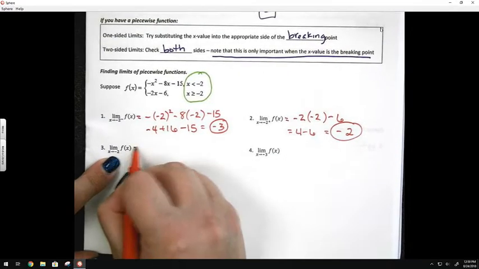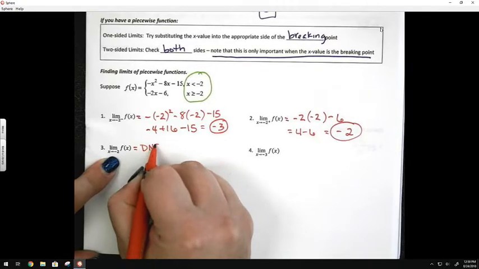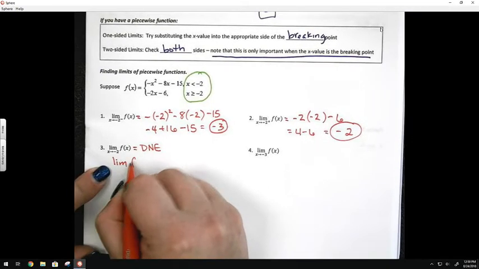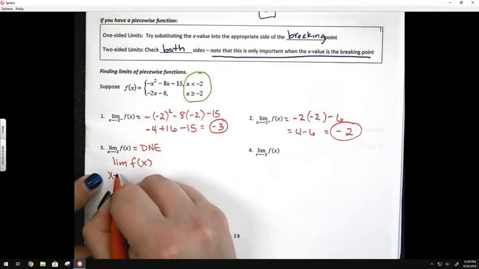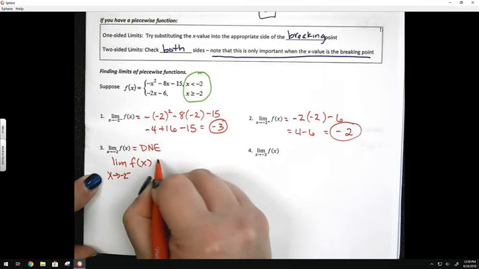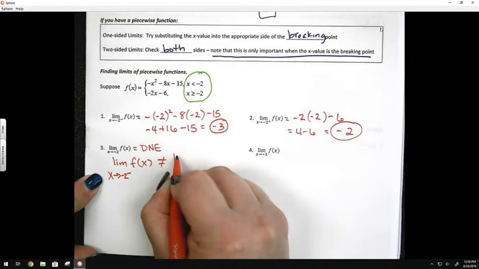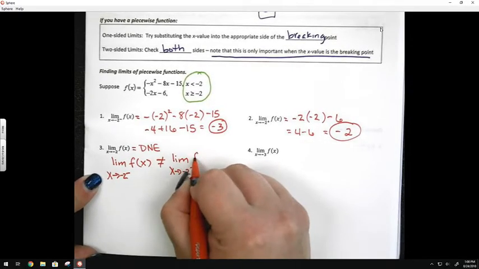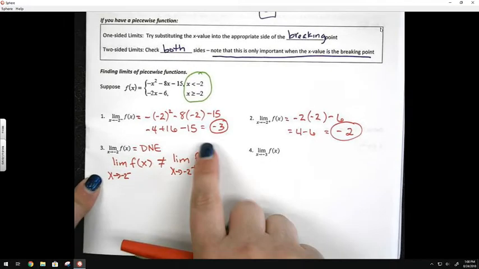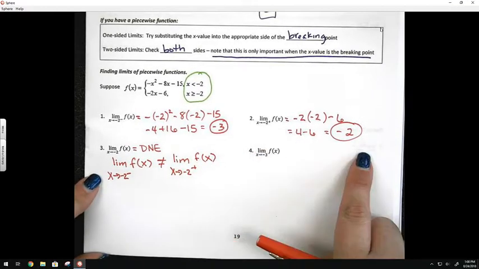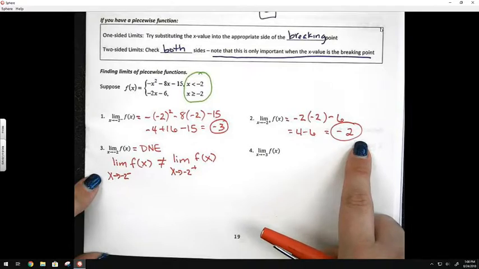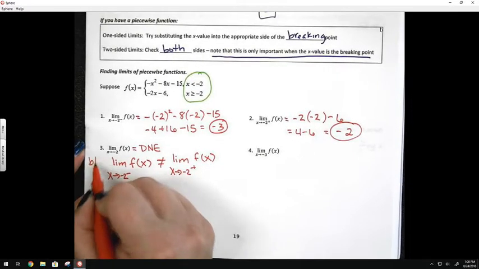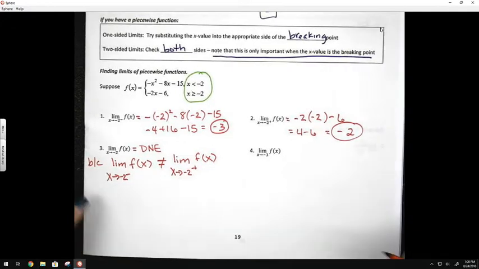The reason I know it doesn't exist is because the limit of f of x as x approaches negative 2 from the left doesn't equal the limit as x approaches negative 2 from the right, because the left limit was negative 3 and the right limit was negative 2. So we already did all the hard work on there. So it does not exist because the left limit doesn't equal the right limit.